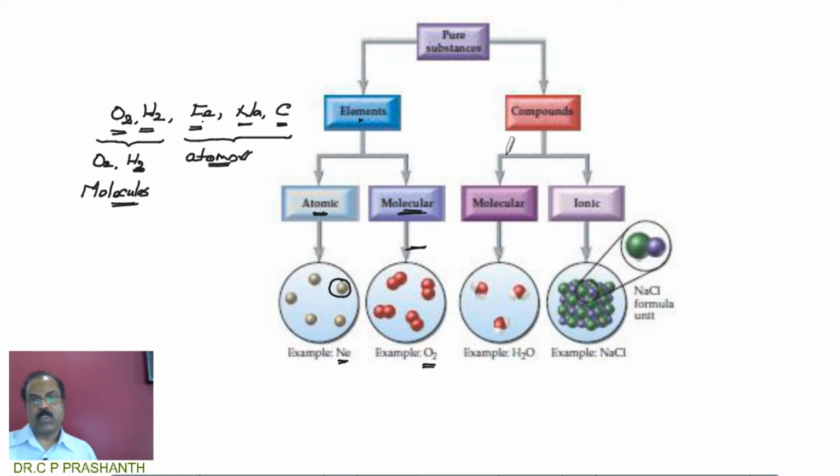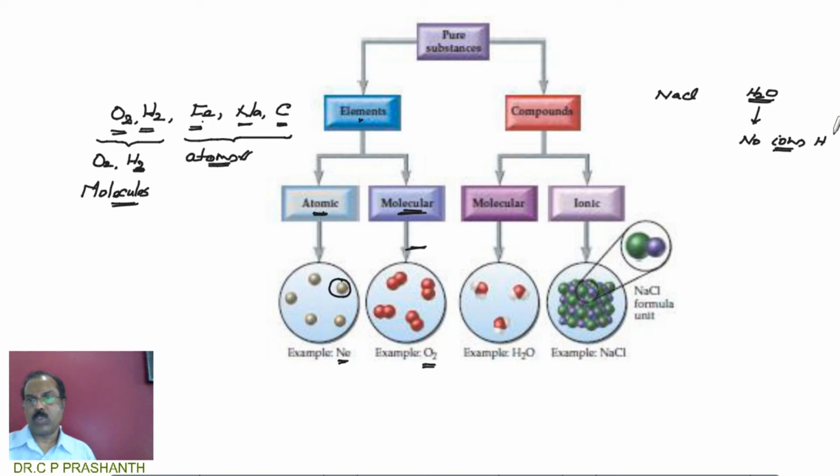Now if you see compounds, we are saying sodium chloride and water. Now the difference is this will not get converted into its ions. So no ions from water. Ions means charged atoms.